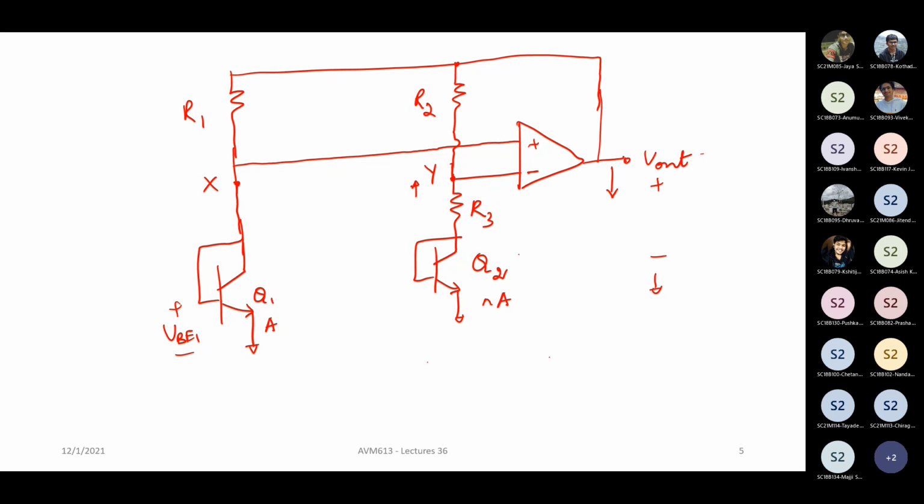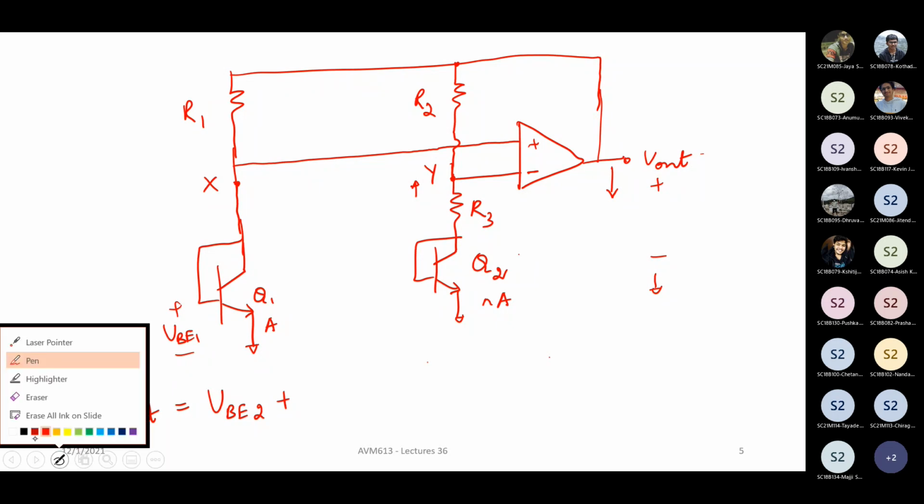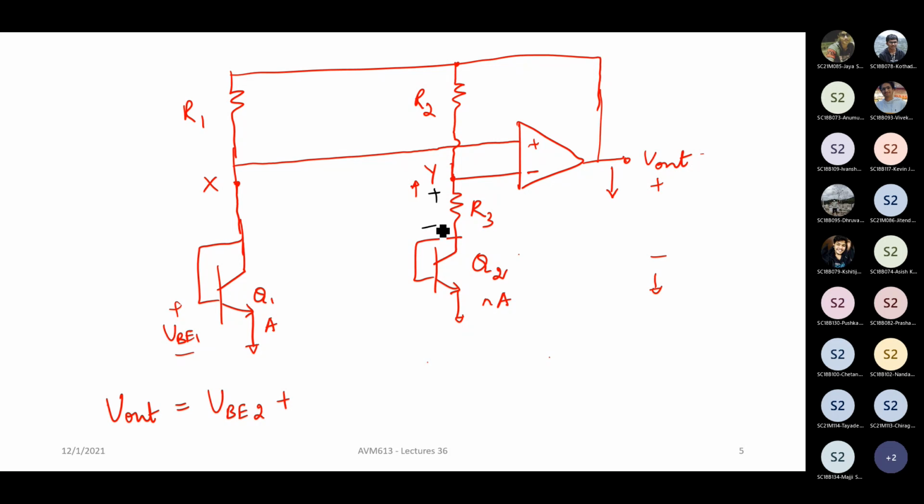Now, how is this going to be a band gap voltage? So let us work it out. Let us see whether we are solving all the problems. Okay. So what is V out? V out can be written as VBE2 plus. We know that because we have put it in a feedback loop, this node X and node Y are going to be equal, and therefore we also know that the voltage across this R3 is what?